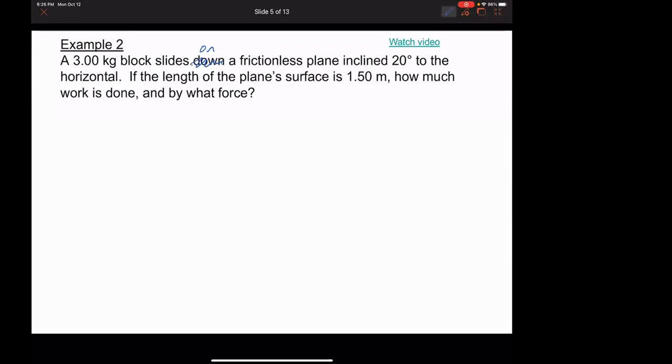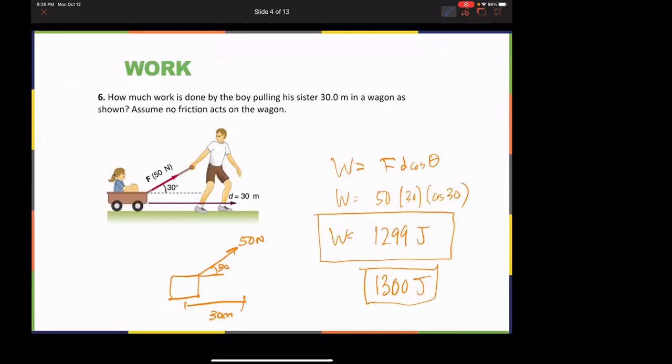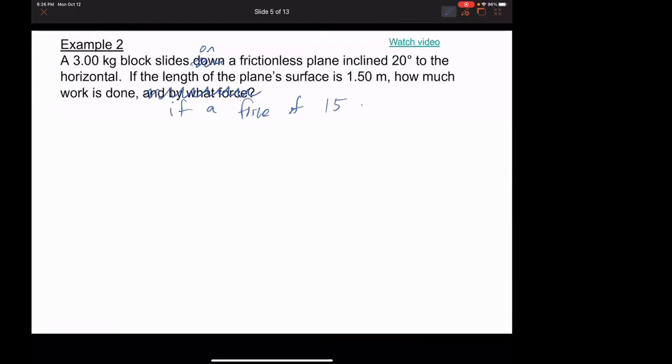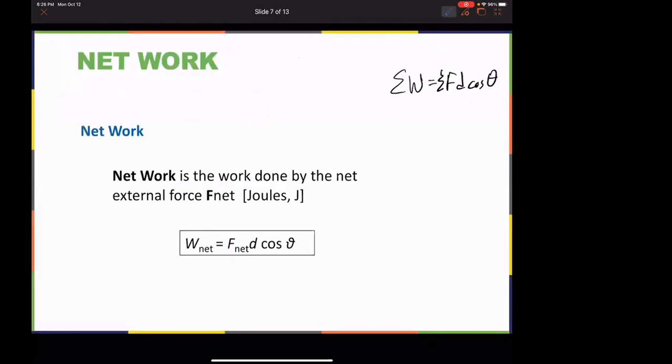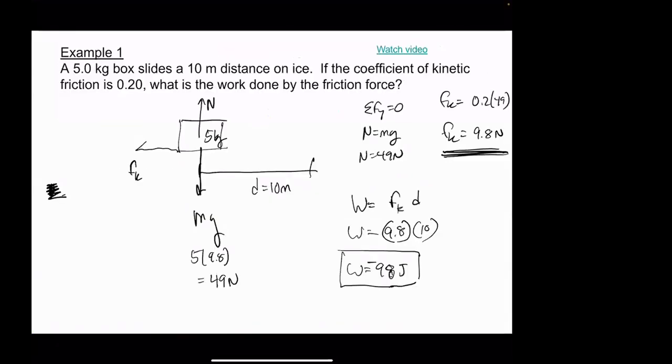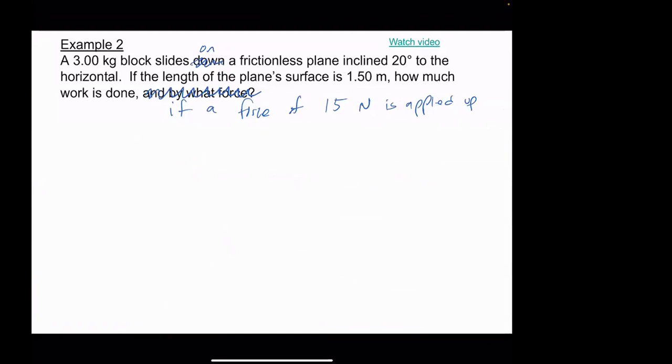If the length of the plane is 1.5, how much work is done if a force of, I don't know, 15 newtons is applied up the plane? Sorry, every time I touch it, it moves.